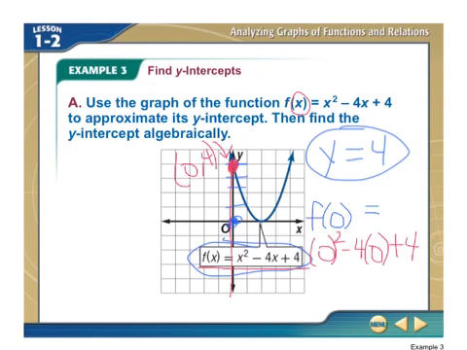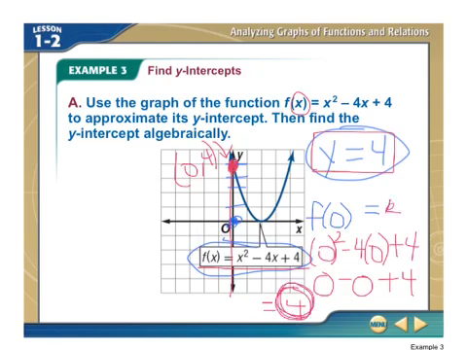Simplifying my work, 0 squared is 0, minus 4 times 0 is 0, and then I would add 4 on the end. 0 minus 0 plus 4 is equal to 4, thus proving that finding the y-intercept from the graph was correct. Our algebraic solution of f of 0 equals 4 is the same as y equals 4 on the graph.